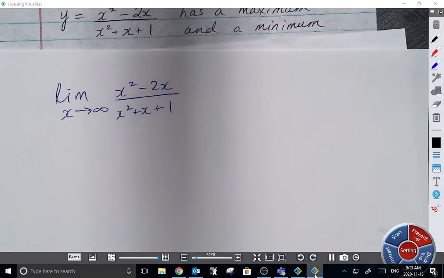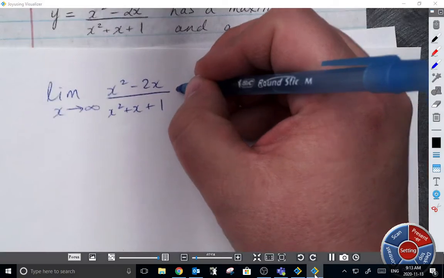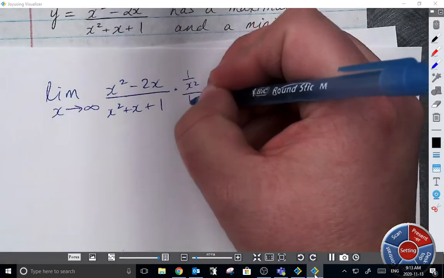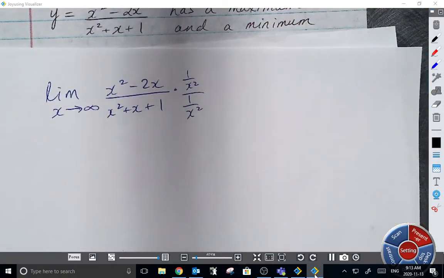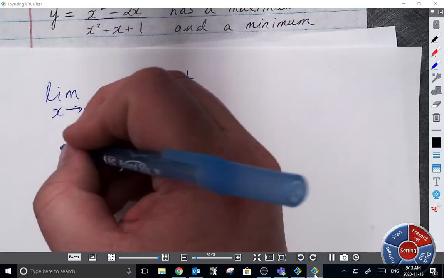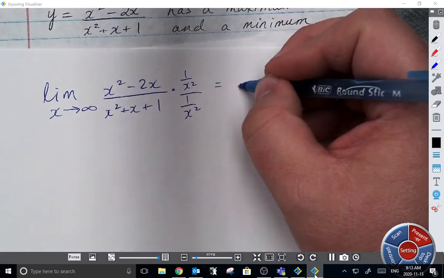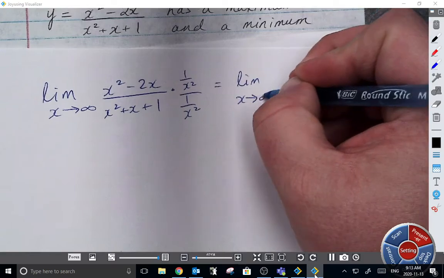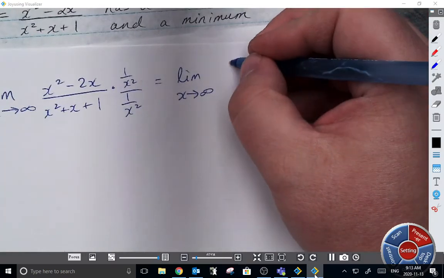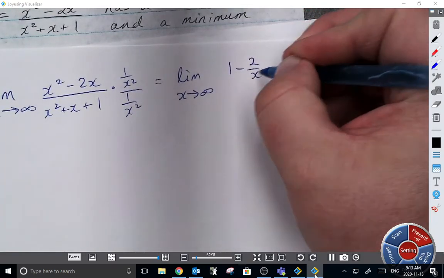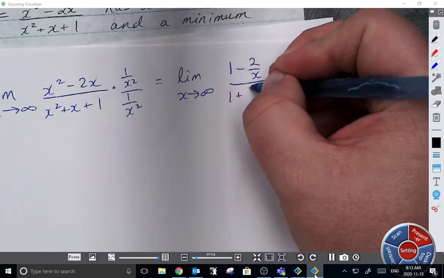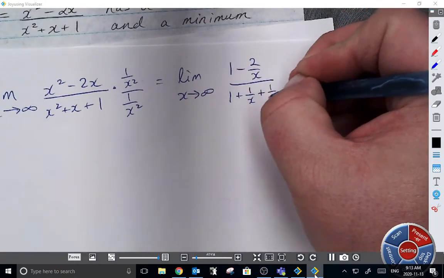If you remember when we did limits, we multiply by 1 over x squared on the numerator and denominator, which gives me the limit as x approaches infinity of (1 minus 2 over x) over (1 plus 1 over x plus 1 over x squared).